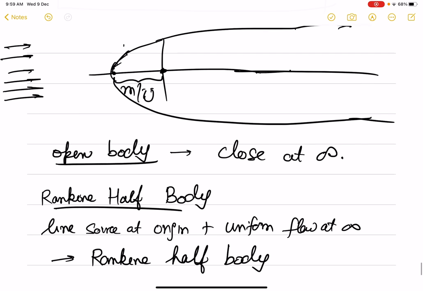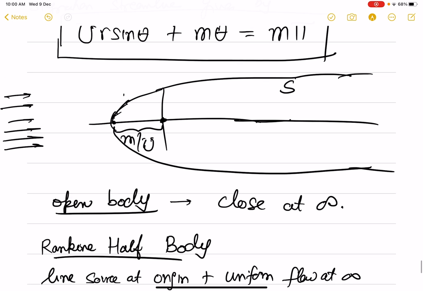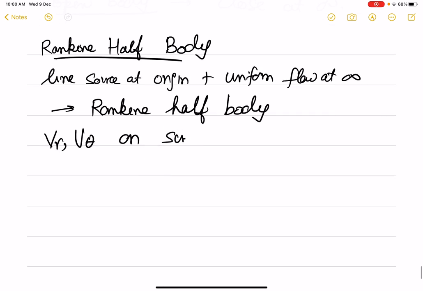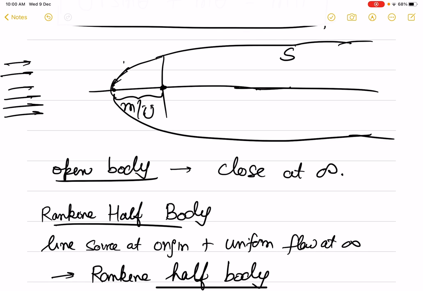Now on the surface, let me call the surface of this body S, we can find Vr and V theta on surface S. Notice in general, Vr and V theta will not be zero.